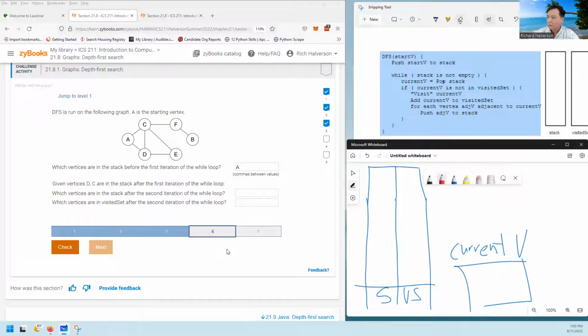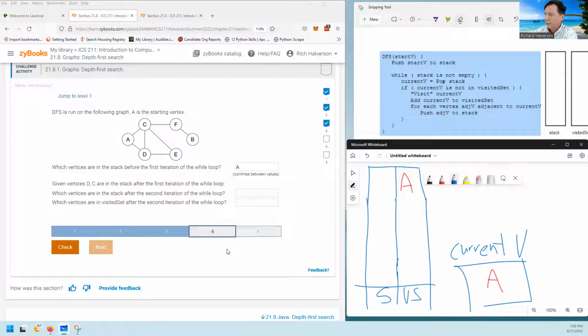So we're going to start out with A here. A goes from here to here, and then into there.